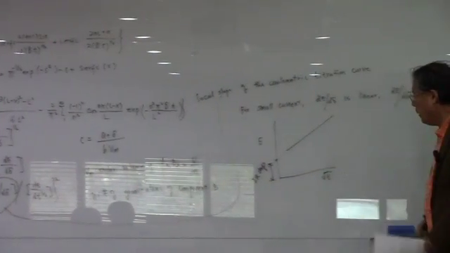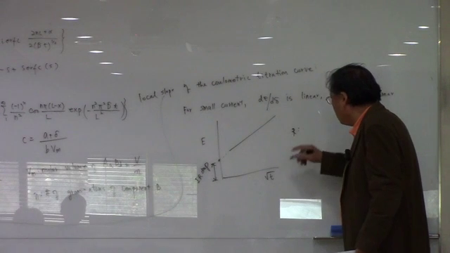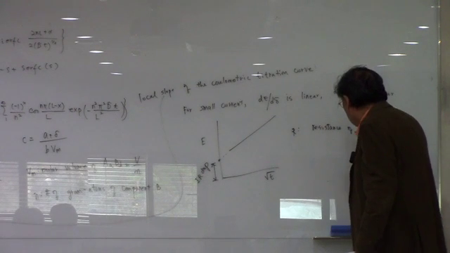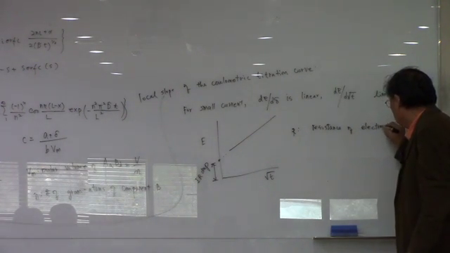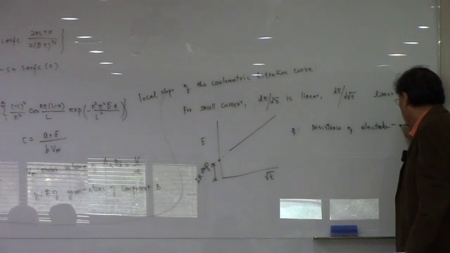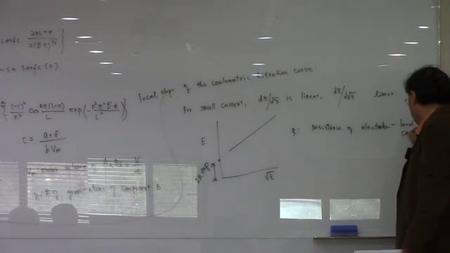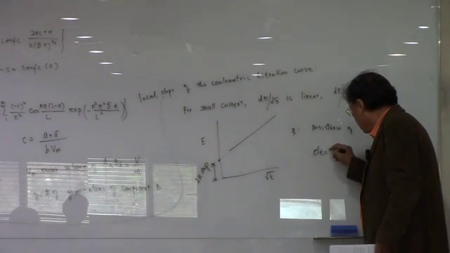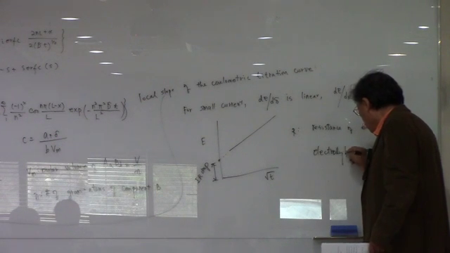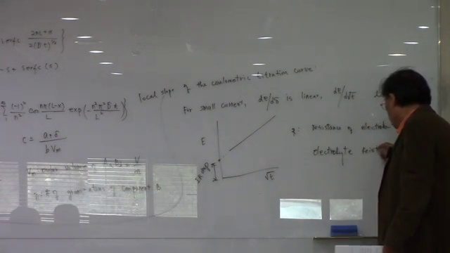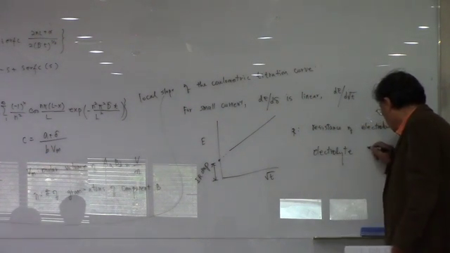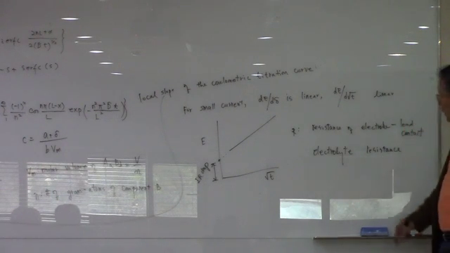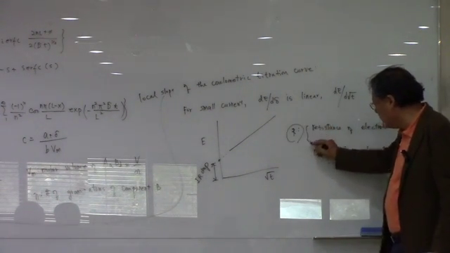So here the R includes the resistance of electrode, lead contact, electrolyte, electrical resistance, yeah, it includes these things.